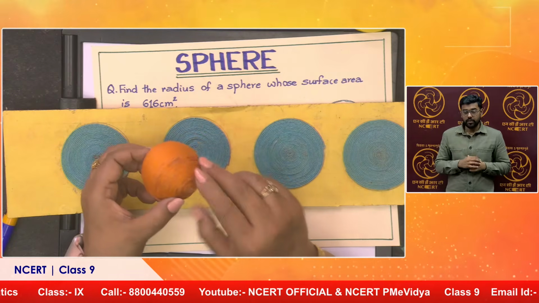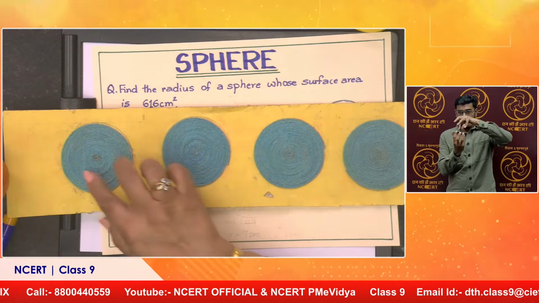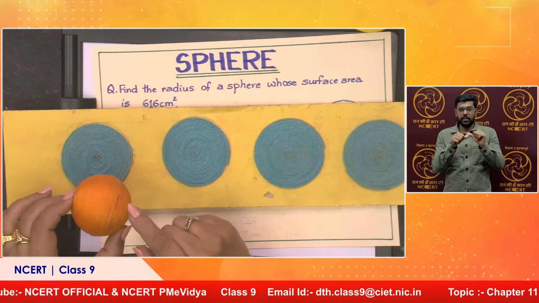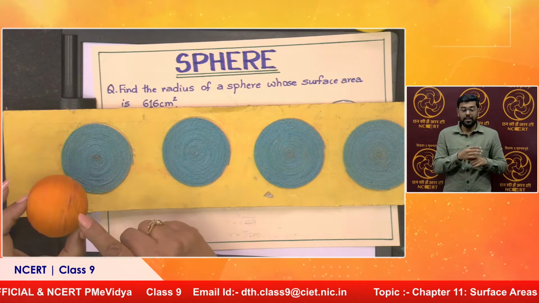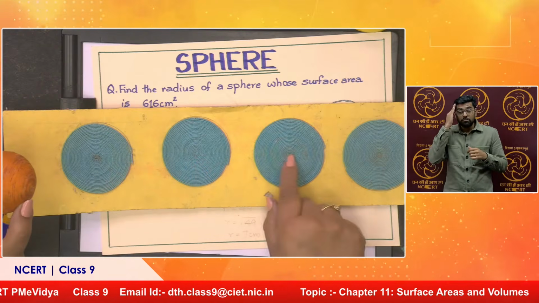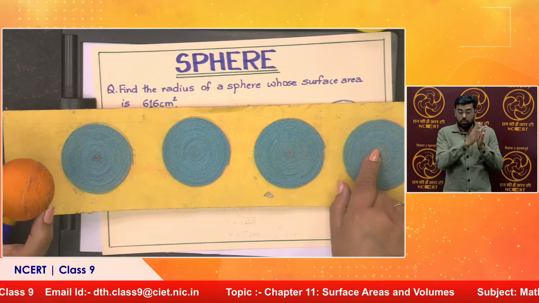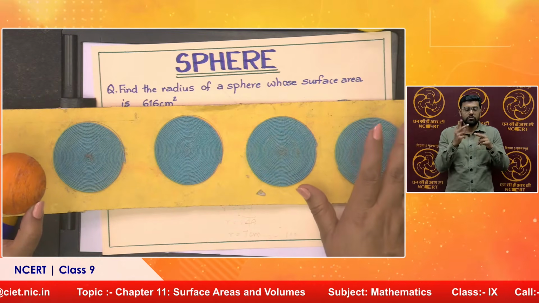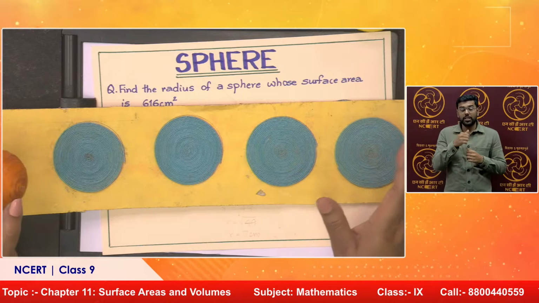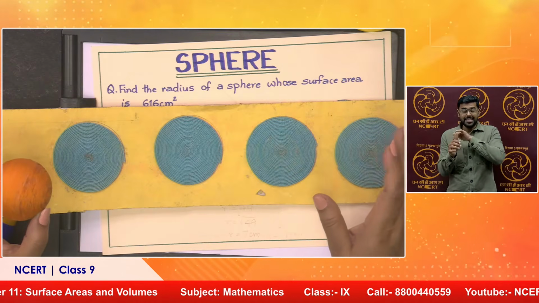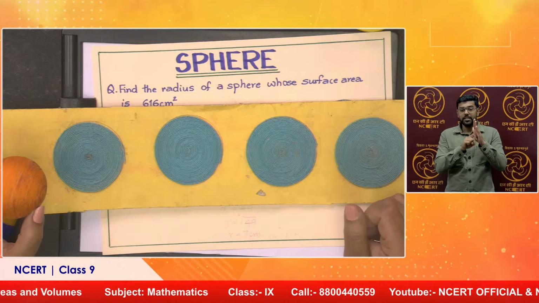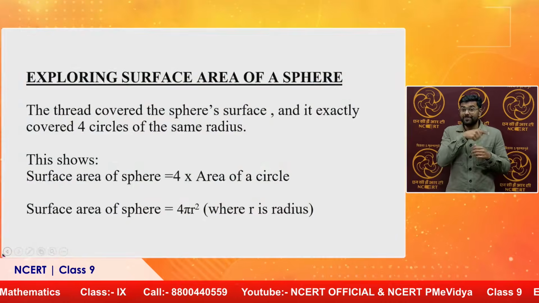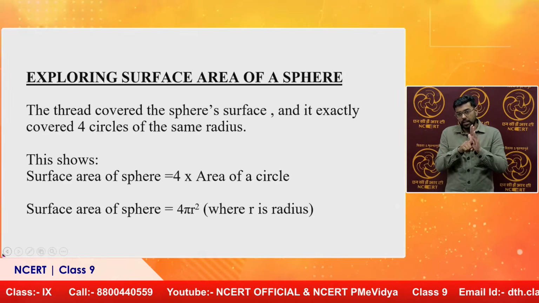And when I unwind this and fix it on 4 circles having the same radius as the radius of the sphere, what do I find? The same thread covers 4 circles, and it is finished. I don't have any thread left over. That verifies that the surface area of the sphere is equal to 4 times the area of a circle. So what is the area of one circle? Pi r square. When I multiply by 4, I get the surface area of the sphere as 4 pi r square.